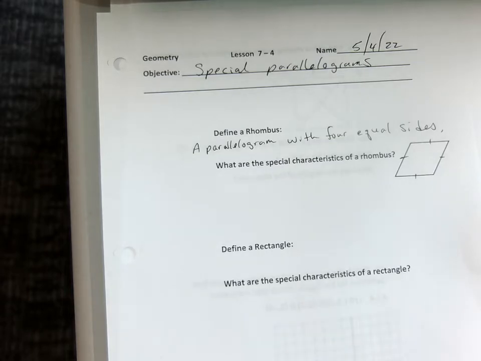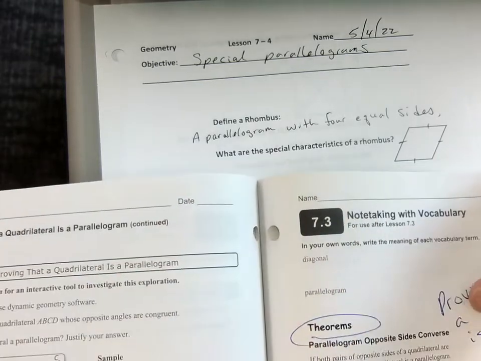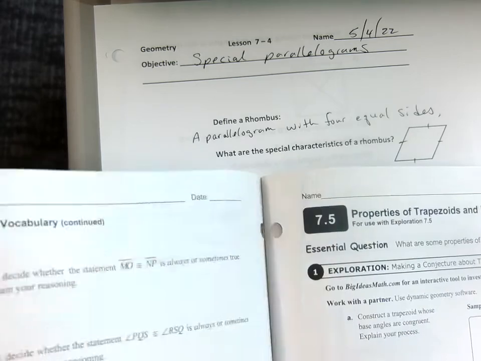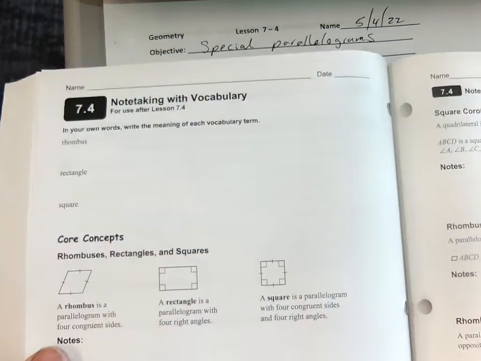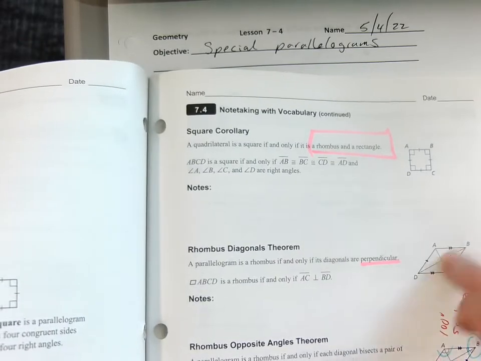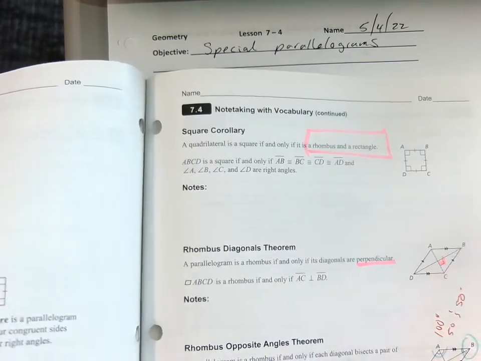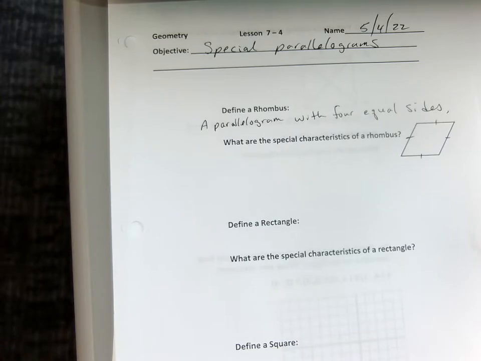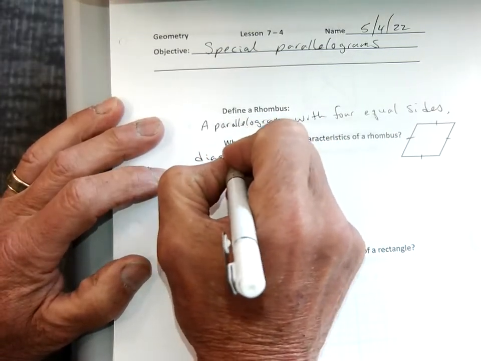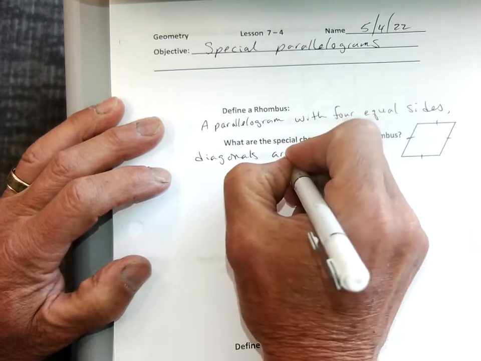Okay. So if I go back to my journal and take a look at it, we talked about a couple of unique things about a rhombus. One of the things we know in a rhombus is that the diagonals are going to be perpendicular. So let's write that down. We also know that the diagonals are perpendicular.